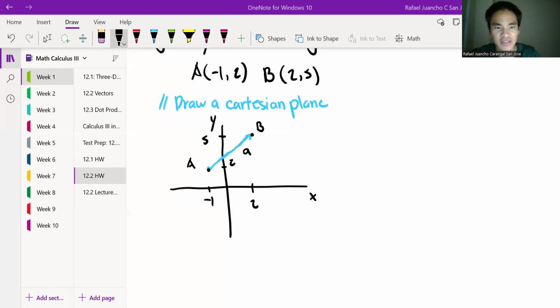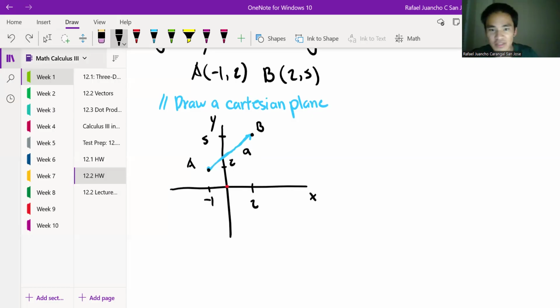And now we want to find its, pretty sure we call it a position vector. So its position vector starts from the origin, but it has to face the same direction, but we don't know how long it is.